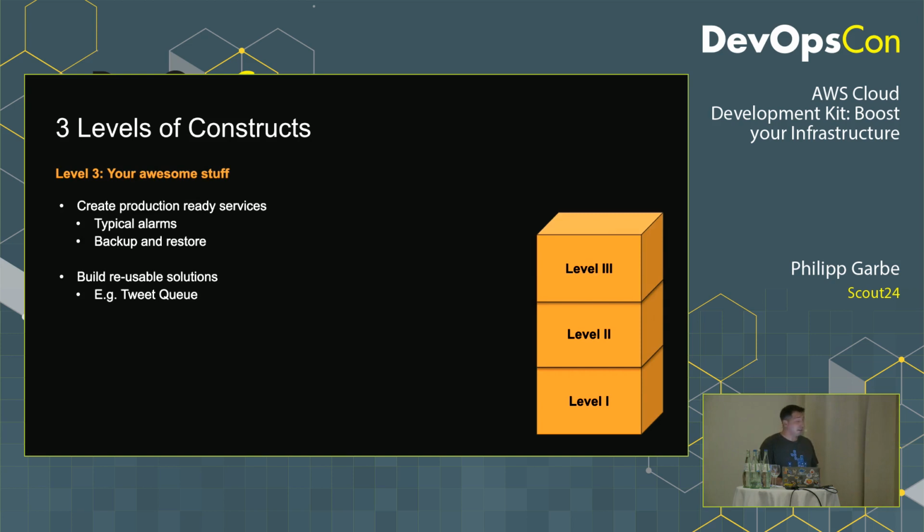And level 3 is actually where you can do your awesome stuff, which often acts on top of them. So you can, for example, create production-ready services. A typical example is alarms: if you deploy a Lambda, you often have the same alarms that you're interested in. So you can combine these things in one construct and just use that construct again and again.